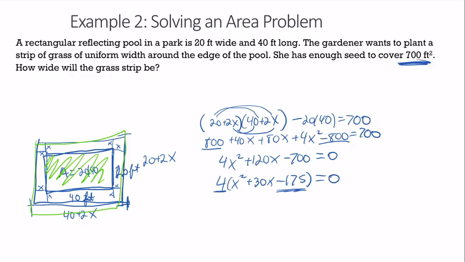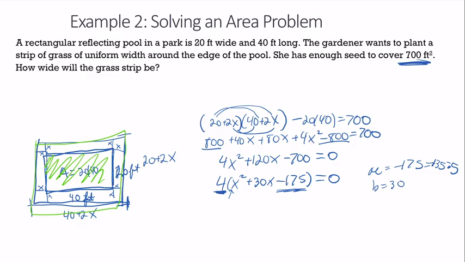Now that I've removed the greatest common factor, my leading coefficient is a 1. So I can solve this by finding the factors of ac that add up to b. AC is negative 175, b is 30. What are the factors of negative 175 that add up to 30? That's going to be positive 35 times negative 5.